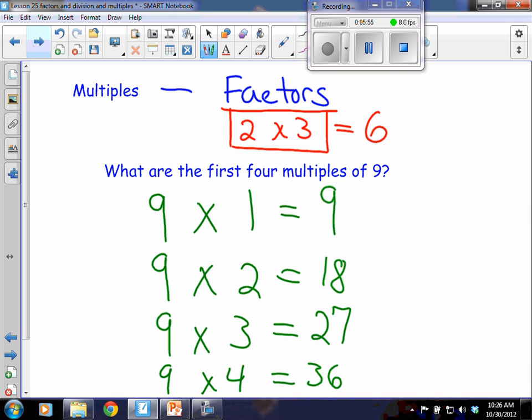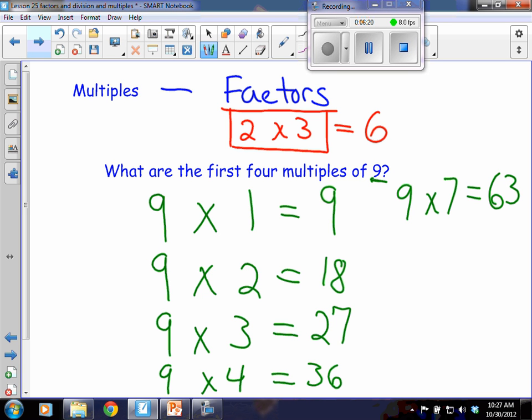And so multiples are when we're taking our number and multiplying by other numbers to get whichever multiple they're asking for. We could continue this process, and I could say, what is the 7th multiple of 9, which would be 9 times 7, which is going to give us an answer of 63.